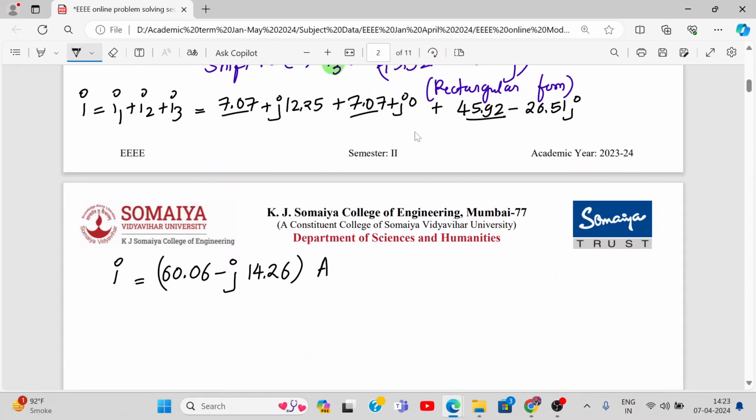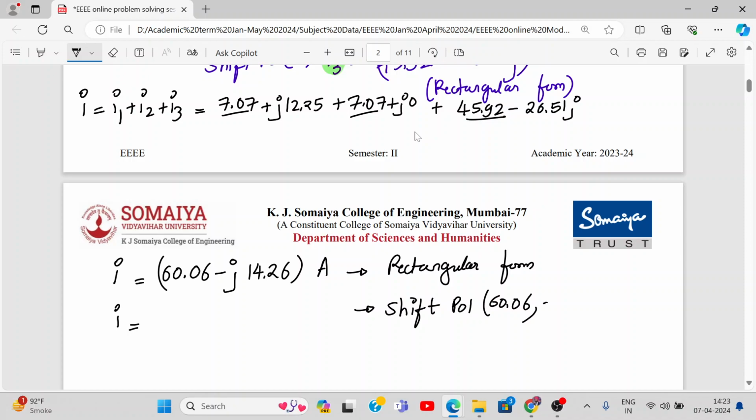You have to convert it into polar form. Now this is in rectangular form. Convert into polar form. So how will you convert to polar form? Shift POL, shift polar 60.06 comma minus 14.26. Do this in the calculator, how much are you getting now? 61.